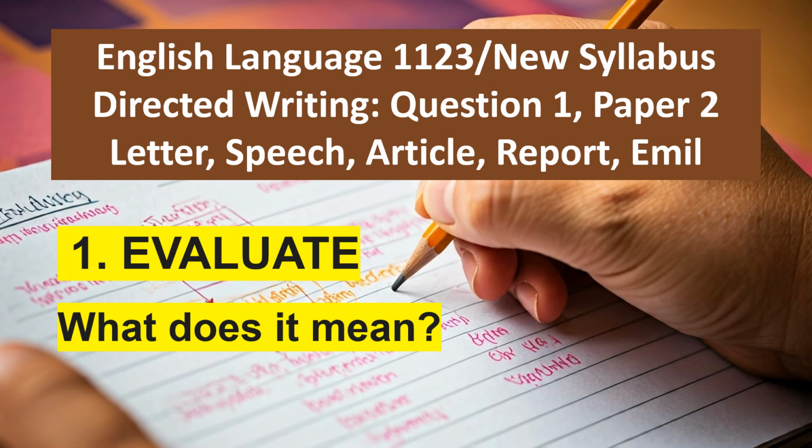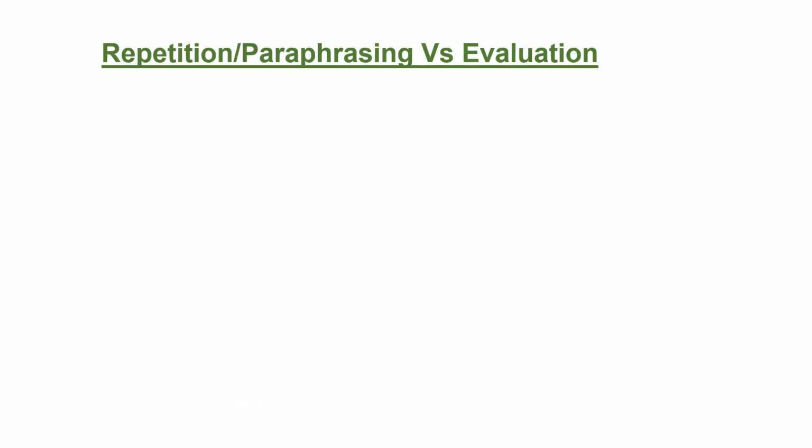Now this evaluation you do in letter writing, in speech writing, in article writing, in report writing and email. Now let's see what is evaluation and what are the other things which we do. Versus evaluation, we may talk about repetition or paraphrasing.